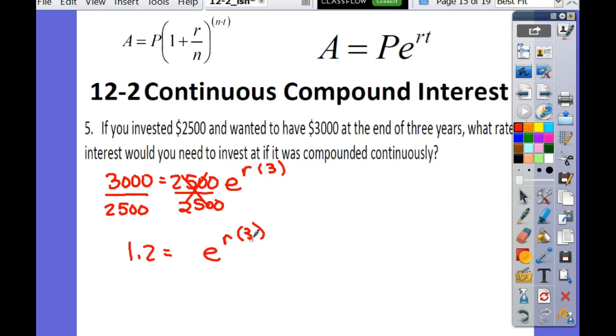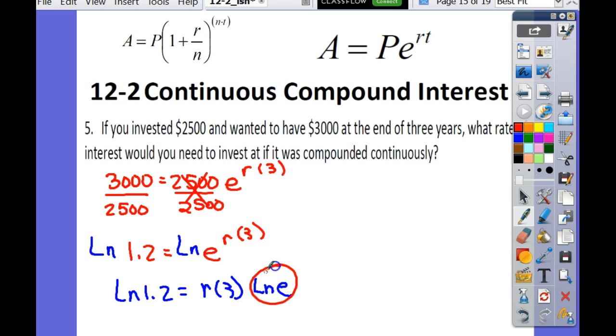What are you going to do next? And then you use the power rule. This is equal to 1. 1 times 3 is still 3.